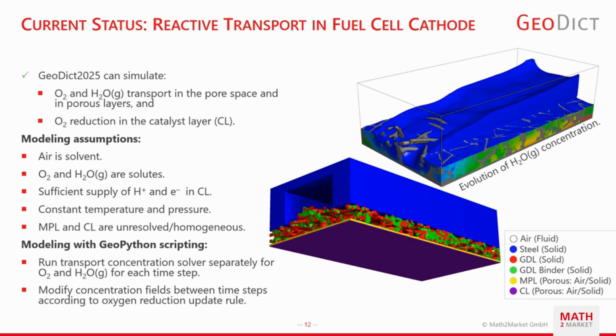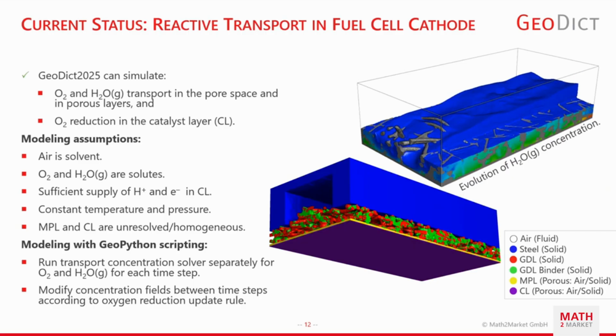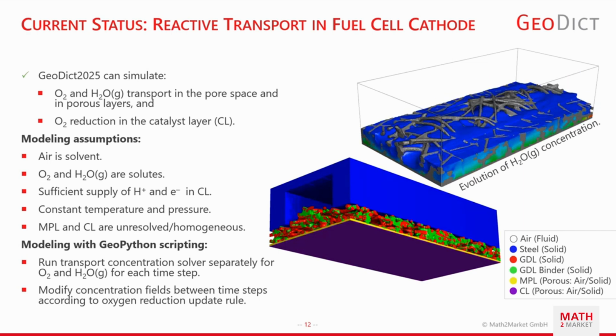So if we assume that, for example, we have just air as a solvent, we have oxygen and water which stays as vapor. And if we assume we have enough protons and electrons, and also constant temperature and pressure, and that the microporous layer and the catalyst layer are not resolved, we can do the following.